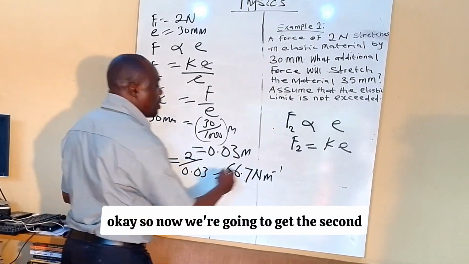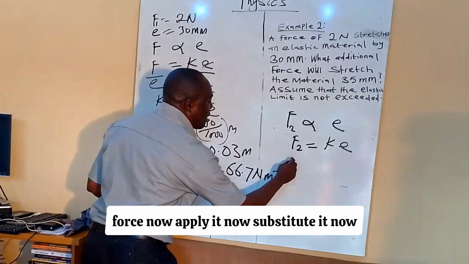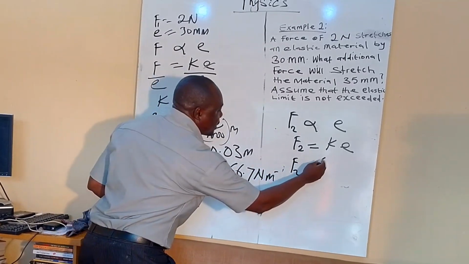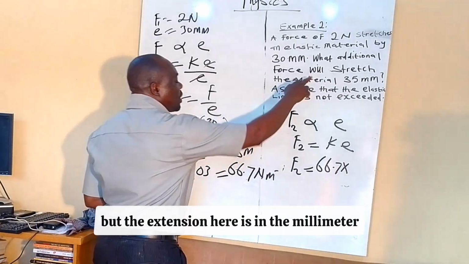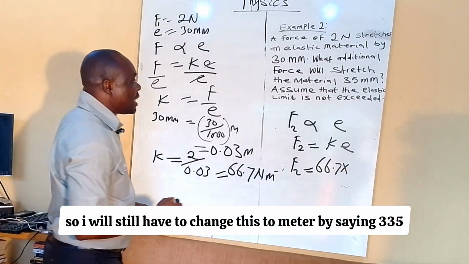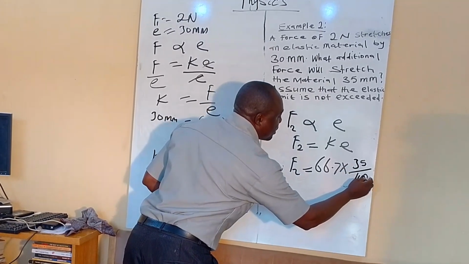Okay, so now we're going to get the second force, apply it now. Substitute it now. F2 is going to be K, which is 66.7, times the extension. But the extension here is in millimeter, so I will still have to change this to meter by saying 35 over 1000.